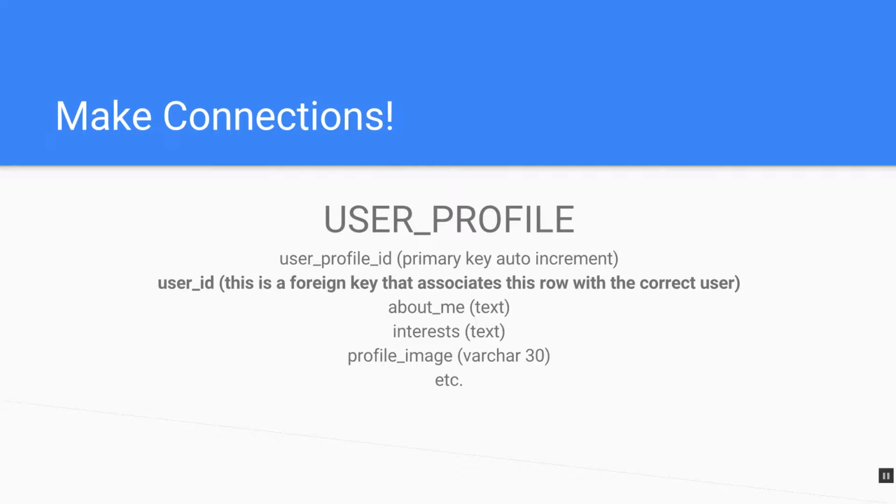Now, technically, I could probably do this the other way around. I could put the user profile ID in the user table. One of them needs to have a foreign key so that they make that connection. I see my user table as kind of the more important table here, right? This is the first table that I'm going to insert anything into once they register. And then when they go to their profile page, I'm going to make sure that they have a row that exists in the user profile table.